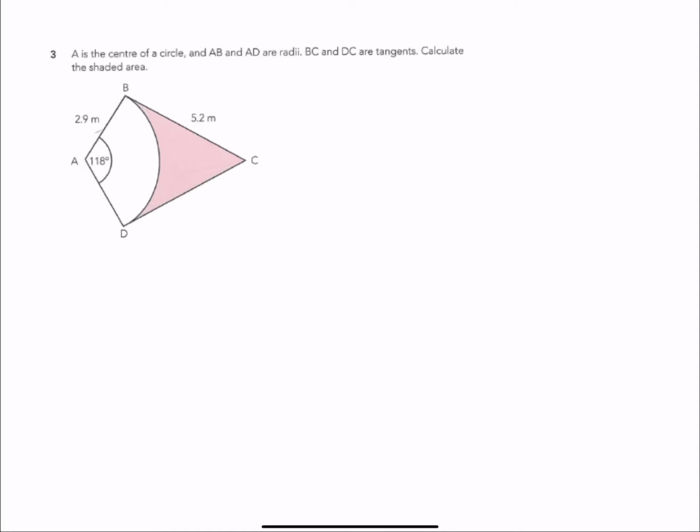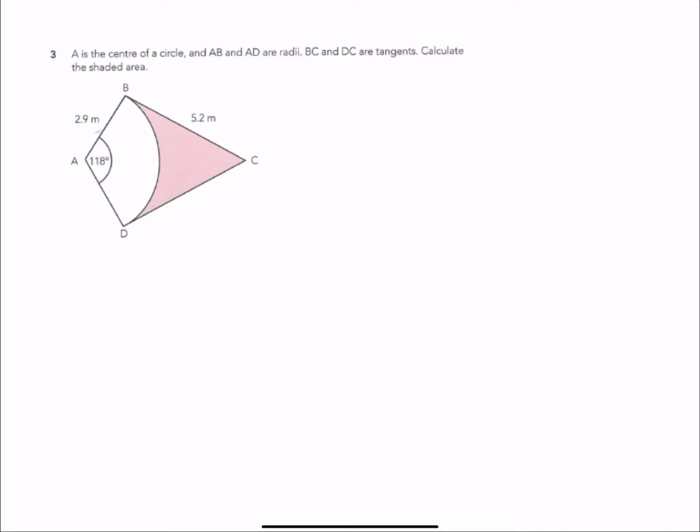Right, hopefully you've had a go at that question. So, it's asking you to find the shaded pink region here. So, to do that, you're going to need to find the area of the entire shape and then take away the area of a sector. First thing I'm going to do though is the area of sector, because area of sector is really easy, so it's a quick skill to show without making any mistakes.